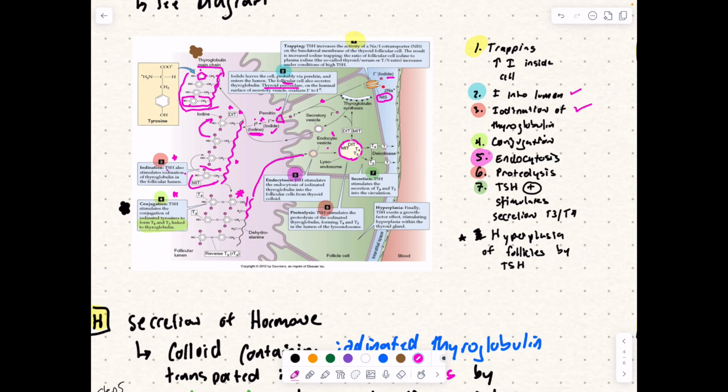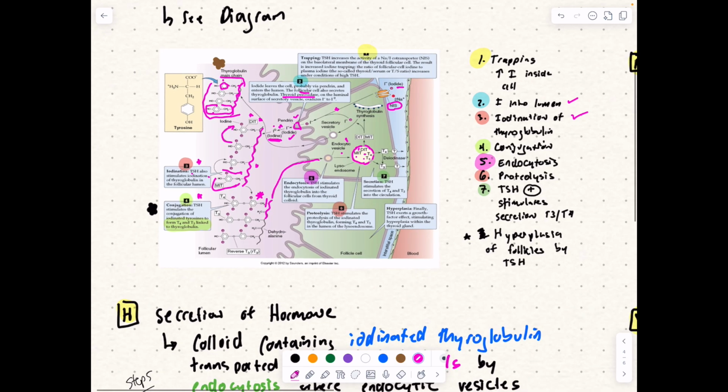You're just going to chop these guys off, and so you might have some DITs, right? Maybe you have a thyroglobulin that has a bunch of T4s on it, maybe some T3s, and then DITs and MITs still on the thyroglobulin, so the side chains aren't entirely T4s and T3s yet.